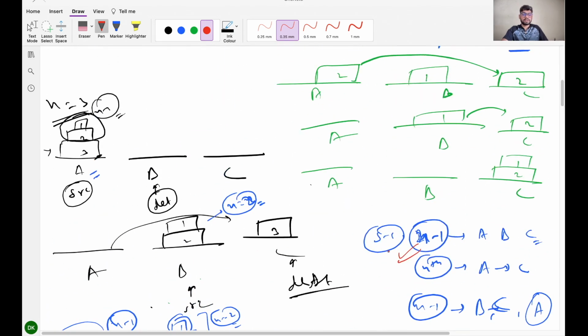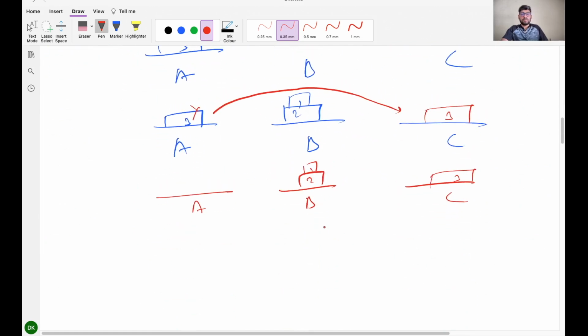So I have completed step 1 and step 2. Then on the third step, again this is the problem of n equal to 2, and at this time my source would be this and destination would be this, and I am using A as the auxiliary.